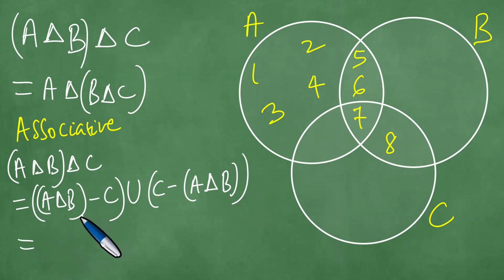Now, if we take the symmetric difference of A and B, we subtract C from it, union C minus the symmetric difference of A and B.